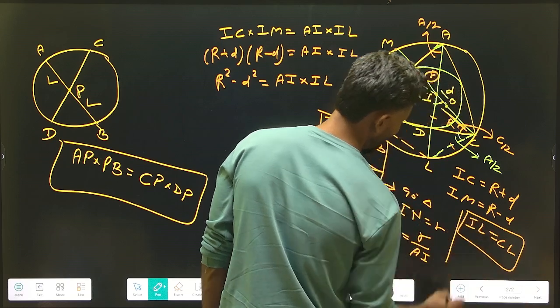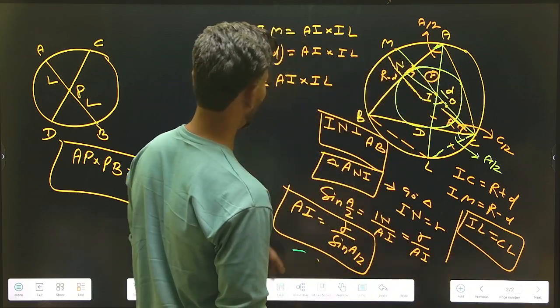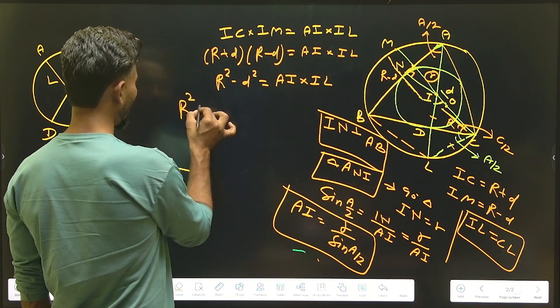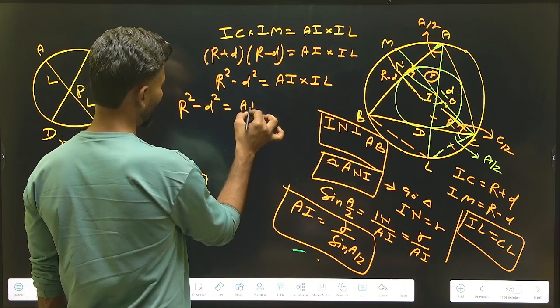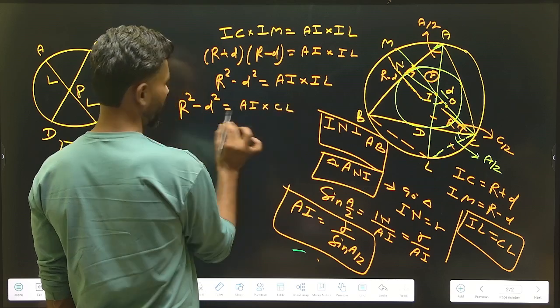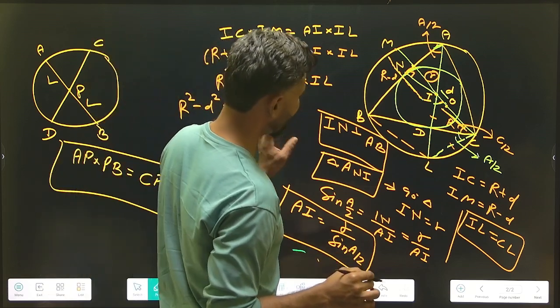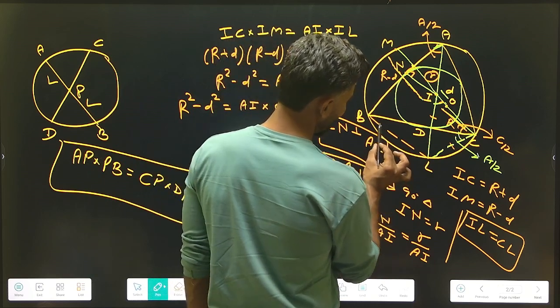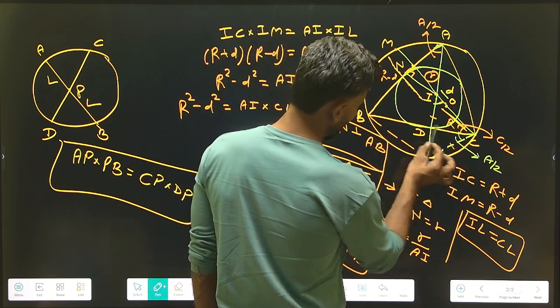If IL is equal to CL, I can say that R square minus D square will be equal to AI multiply CL. This will be the result. Now I have to replace CL.